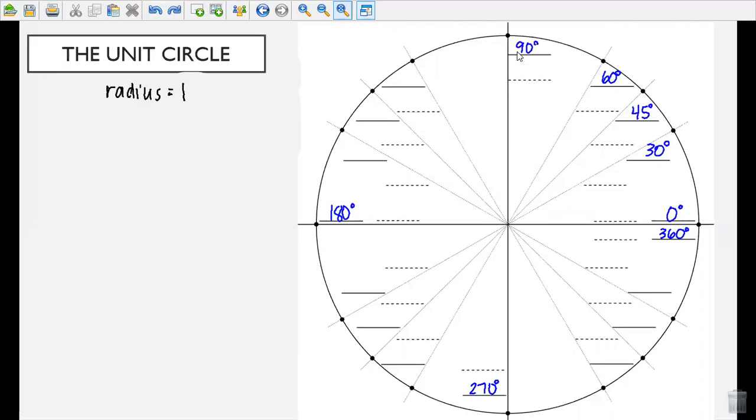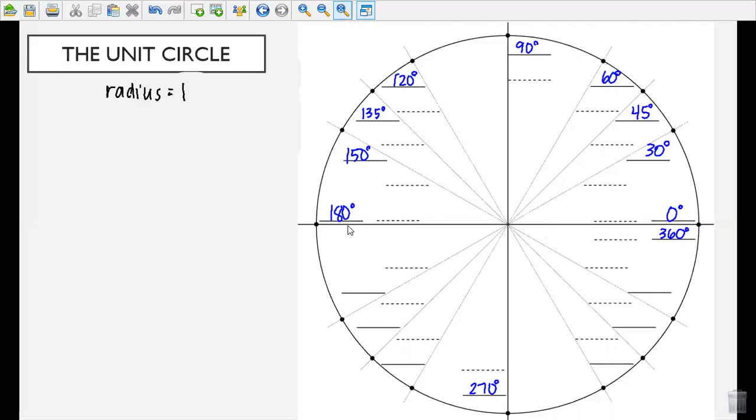So 90 plus 30 is 120. The middle one's 45, so 90 plus 45 is 135. Then my third one is the 60, so 90 plus 60 is 150. So there's quadrants 1 and 2, all of our special angles.